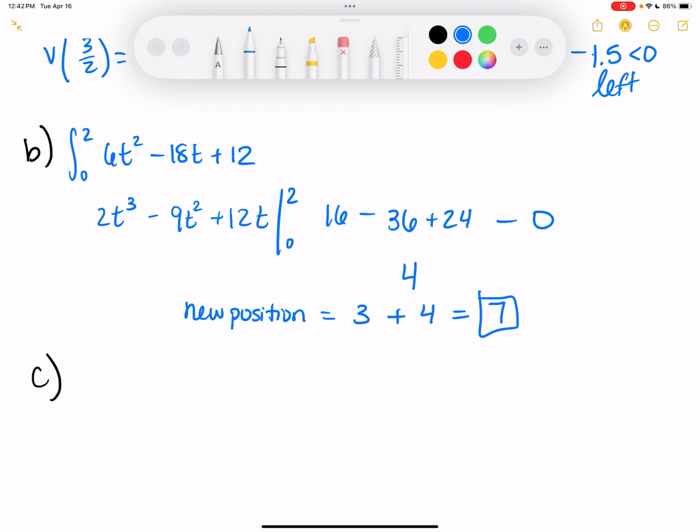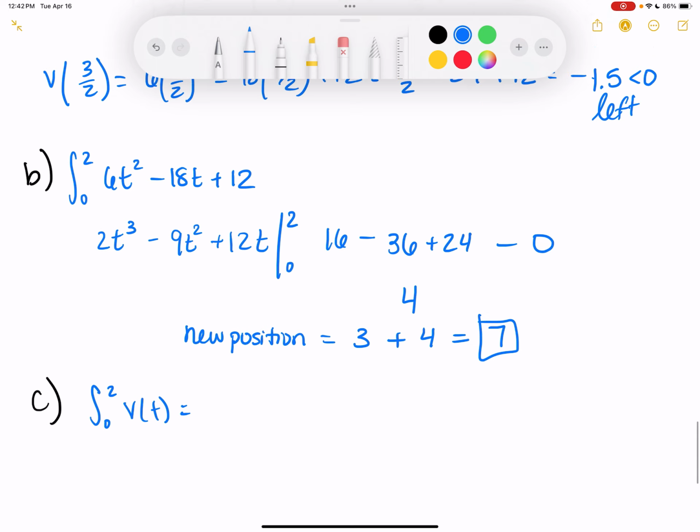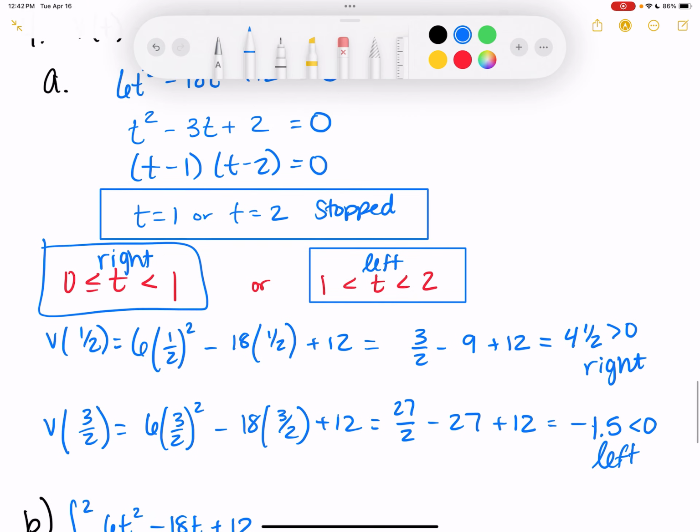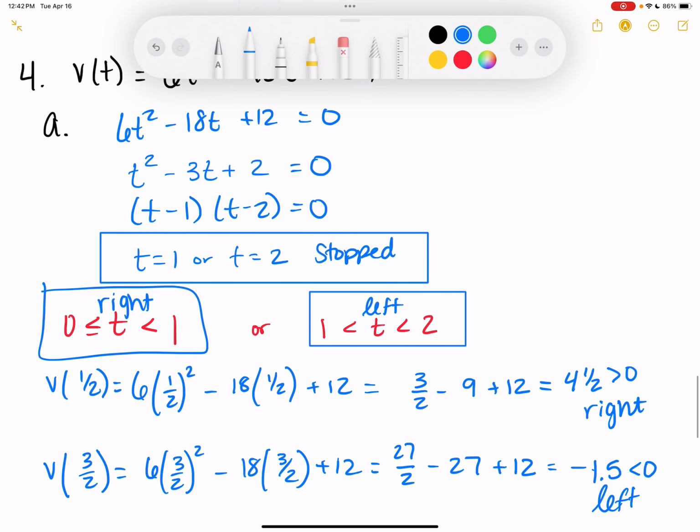Okay. Part C of this problem was to find the total distance traveled by the particle. So we have the integral from 0 to 2 of v of t is equal to, and we're going to break up the integrals into the individual pieces.